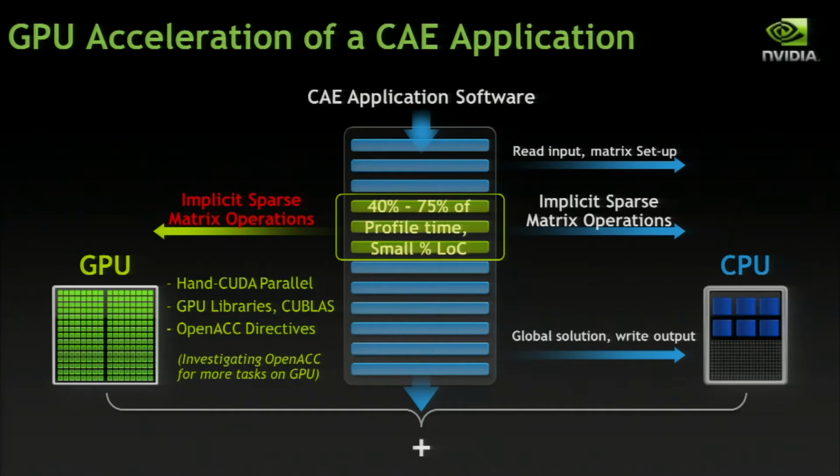Out of that, you can quickly move the linear solver portion to the GPU and accelerate it either using CUDA or libraries. Once again, this is done by ISVs, not by you as an end user. You still use the CPU for other operations, for example discretization and solution updates. By leveraging both CPUs and GPUs, you can now accelerate your application by 2 to 4x. So what used to take a day, you can now do in 6 to 12 hours.